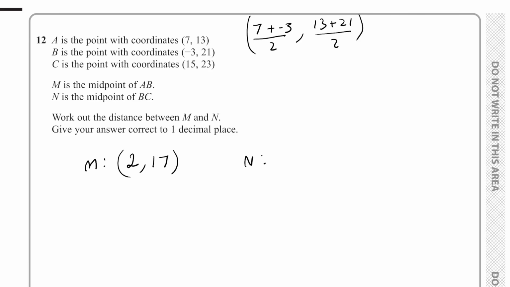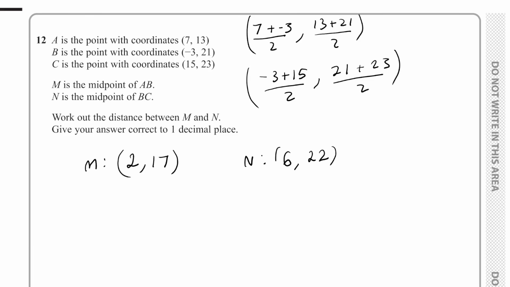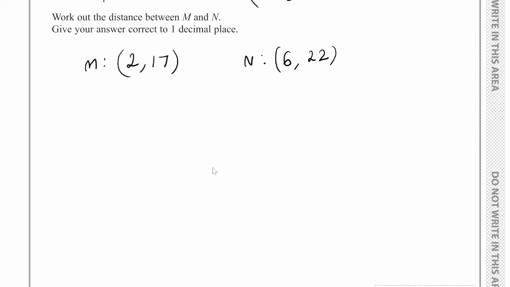So between -3 and 15, -3 plus 15 over 2, and between 21 and 23, 21 plus 23 over 2. So 15 take away 3 is 12, half of that is 6, and halfway between 21 and 23 is definitely 22. So we have M and N, now we need to work out the distance.